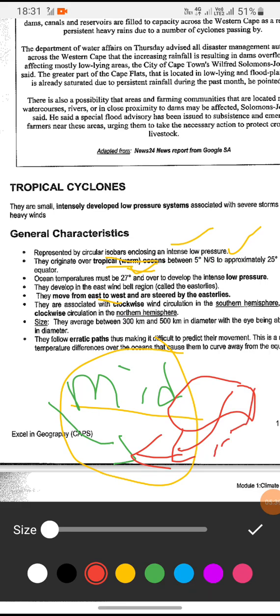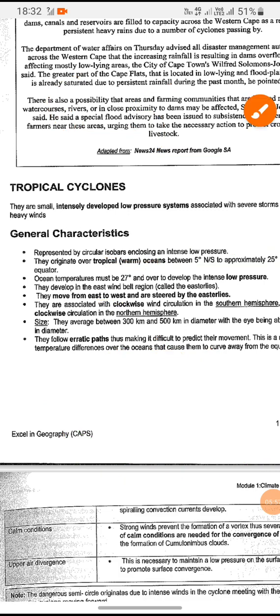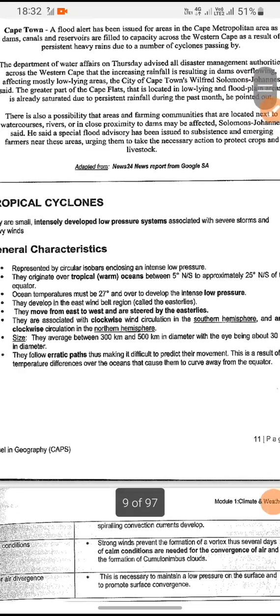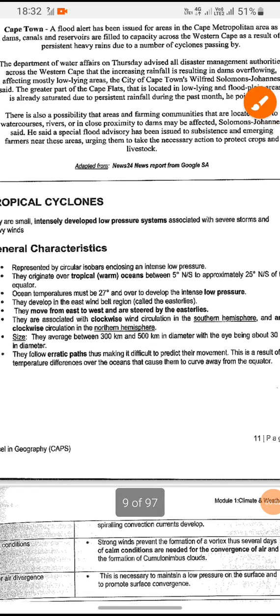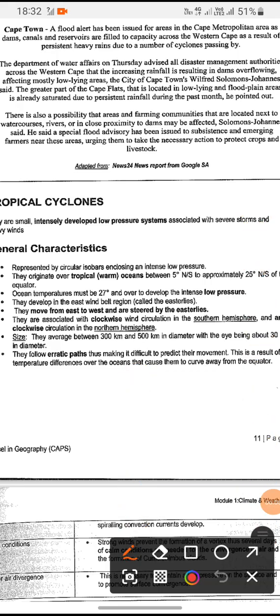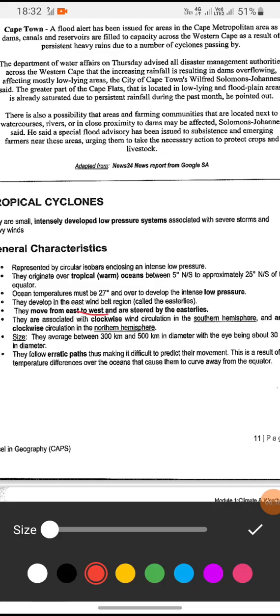Then it might be erratic, and it is represented by a symbol like this, showing the rotation. They move from east to west. They are associated with what?